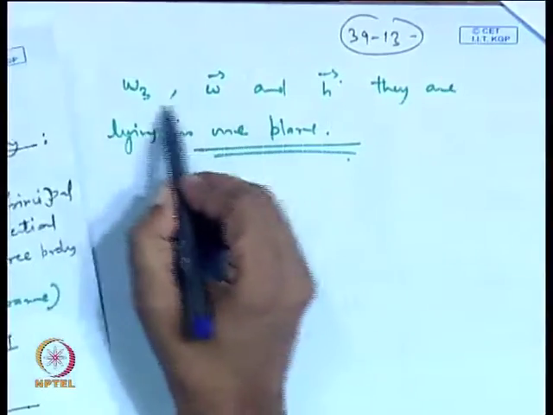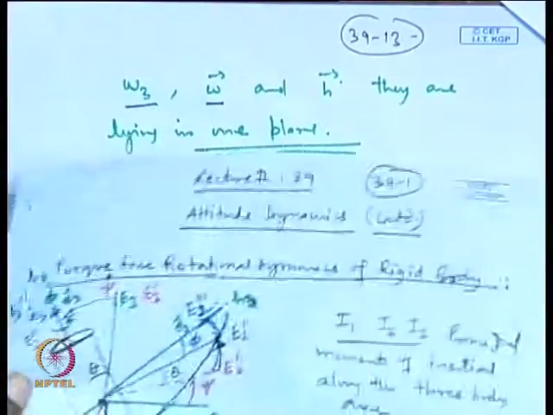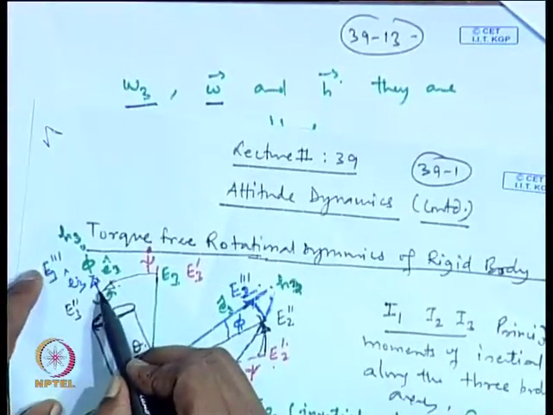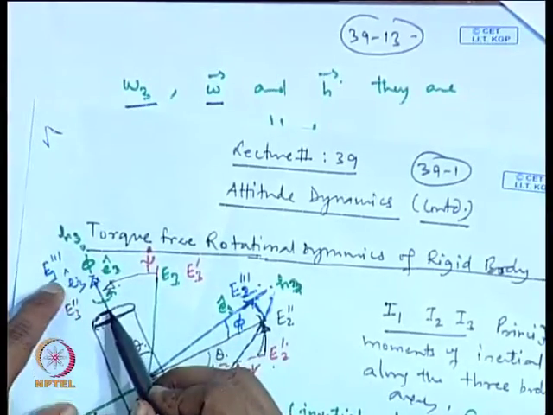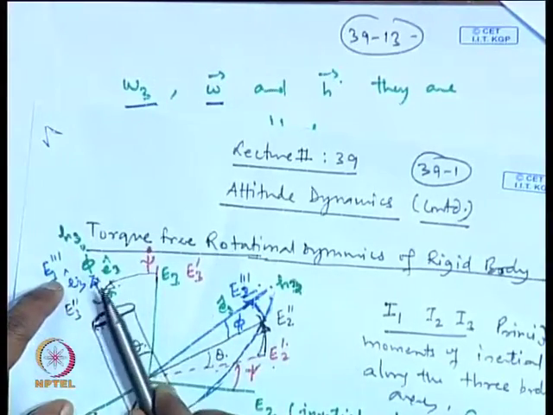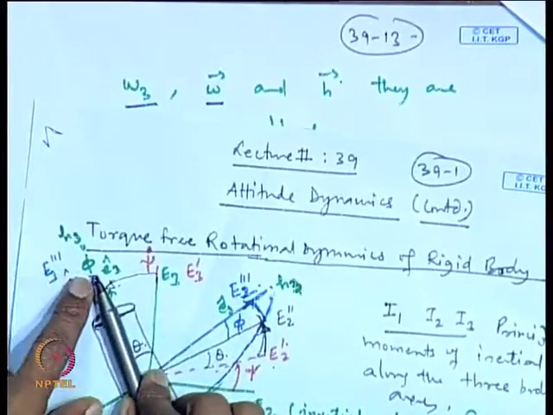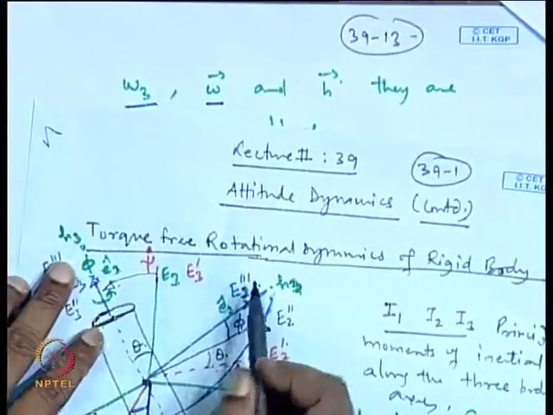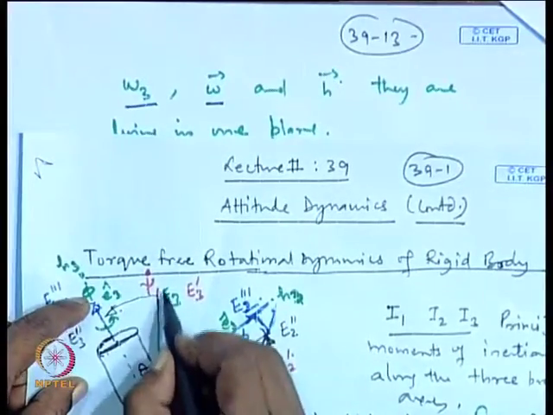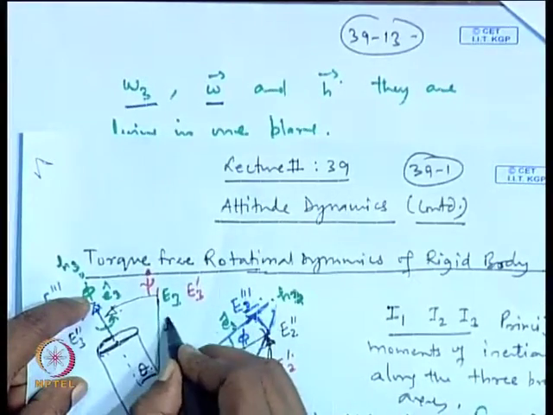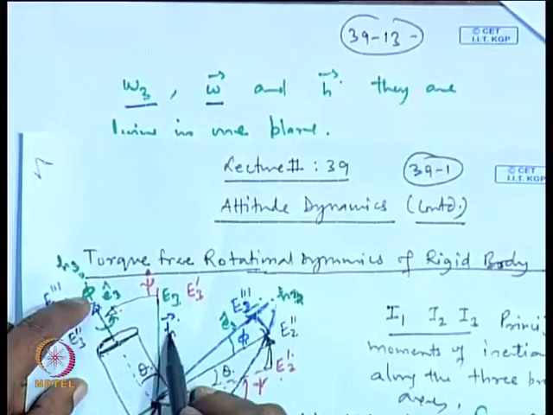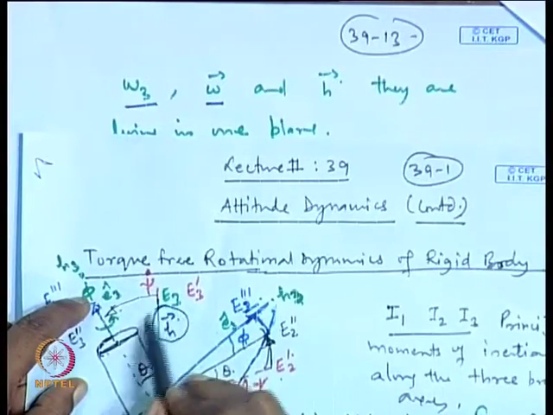So, from here what we conclude is that omega 3, which is the body component of the omega vector, and the h vector. The h vector we can always orient for our convenience along the E 3 direction.